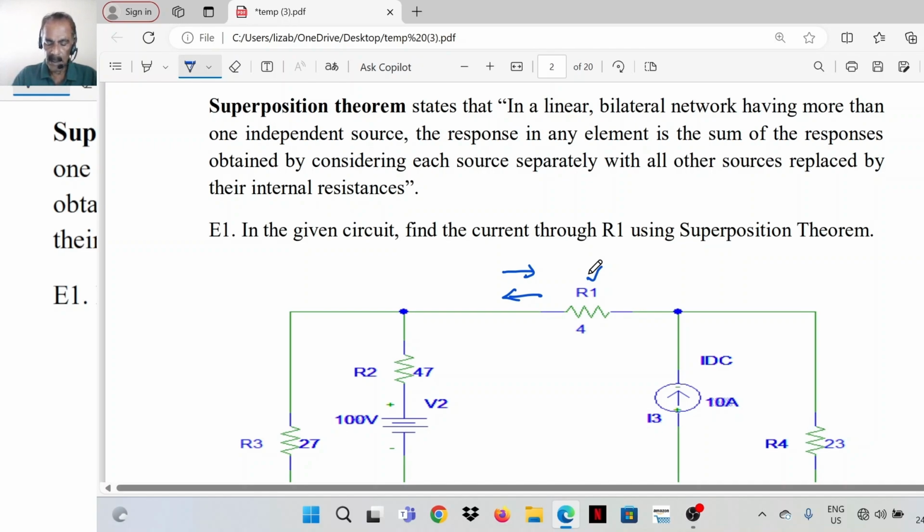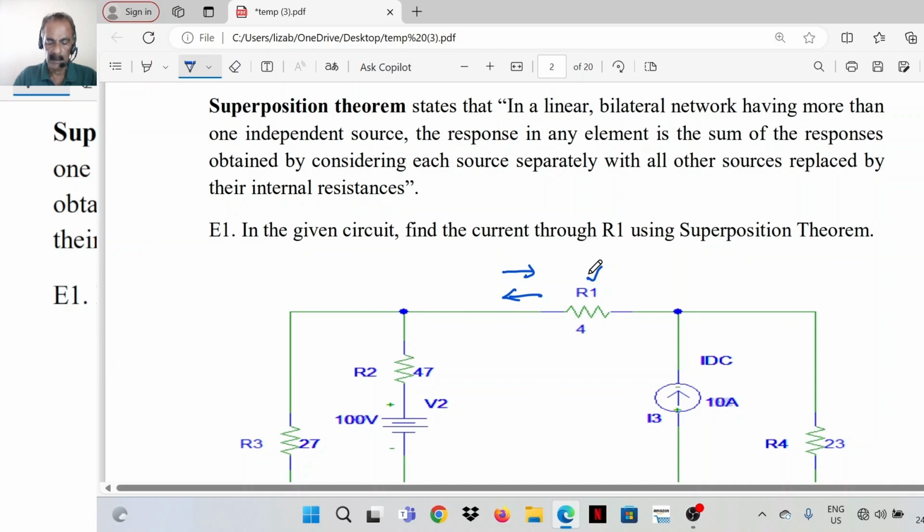So the response in any element can be found by considering each source separately. That means first we consider the 100-volt voltage source, replace the current source with an open circuit, found the current through R1. Next we consider the current source, replace the voltage source with its internal resistance, that is a short circuit, and found the current through R1.